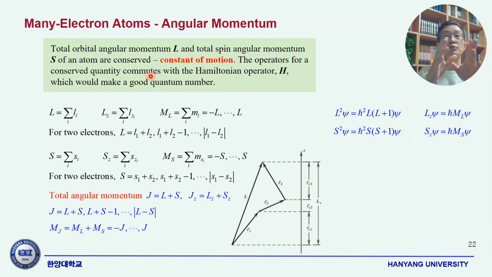Actually, ml is from the z component of the angular momentum operator. Anyhow, in this case the operators are H, L square, Lz, and S square.